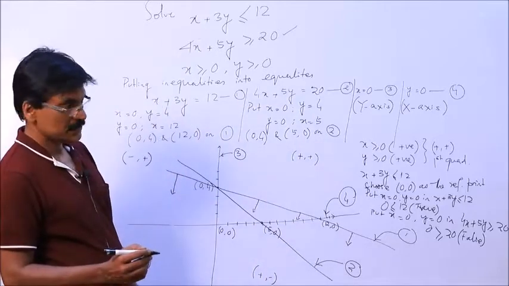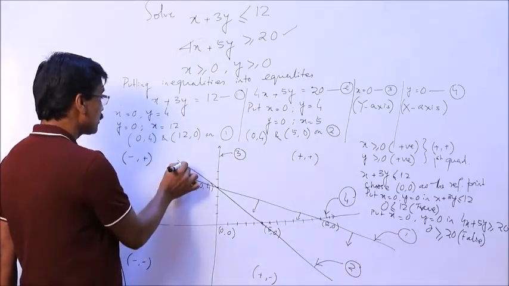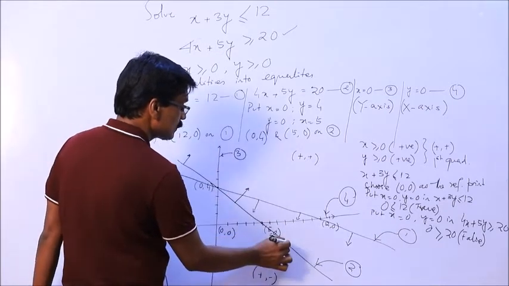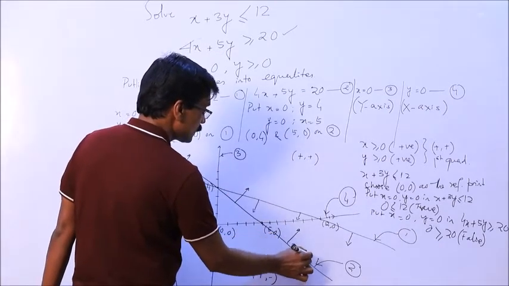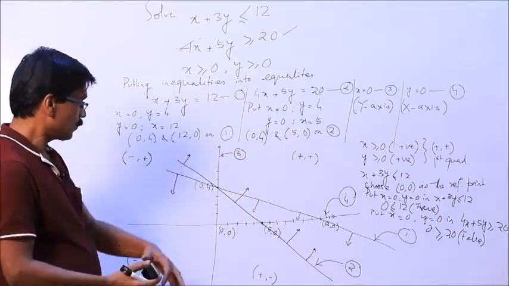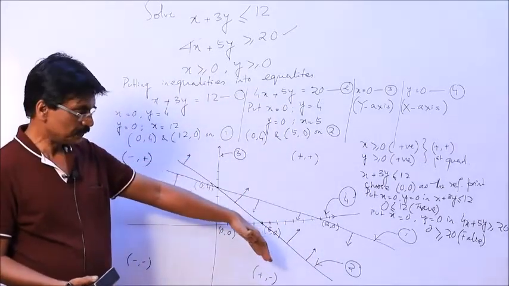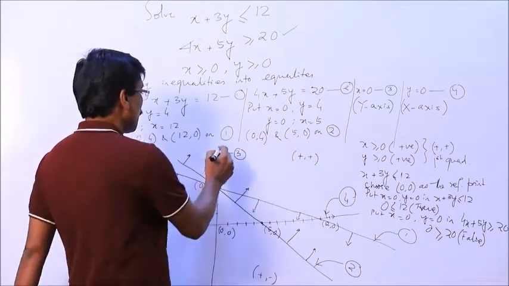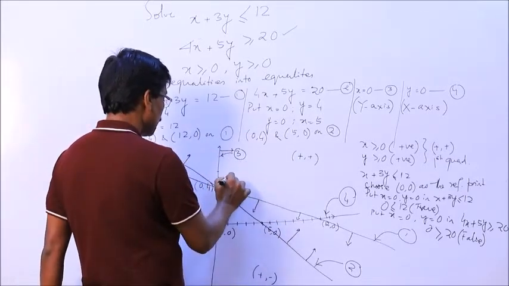So, false means it is away from the origin. So, one part it is towards the origin and it is away from the origin, and it is in the first quadrant.